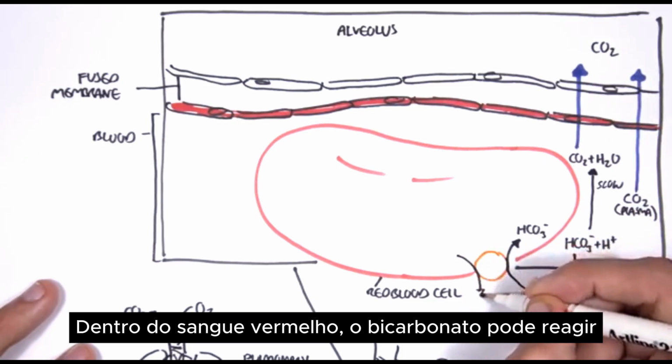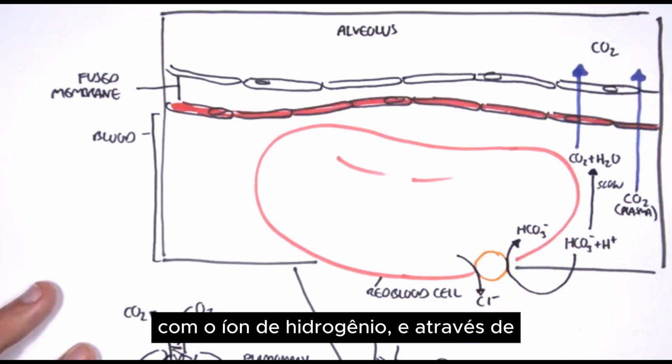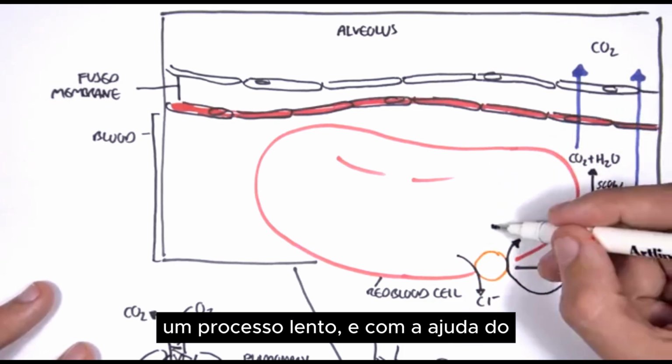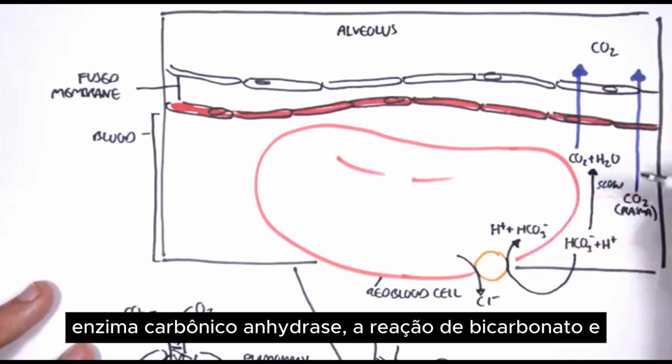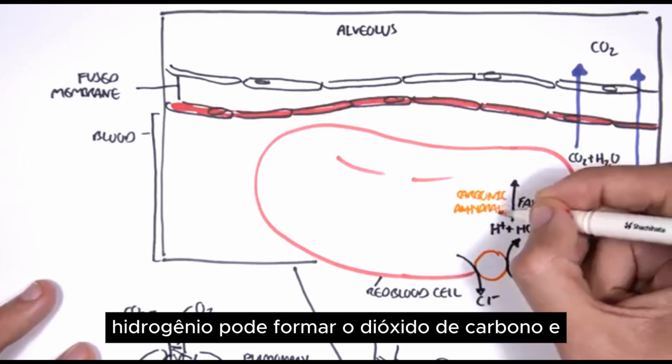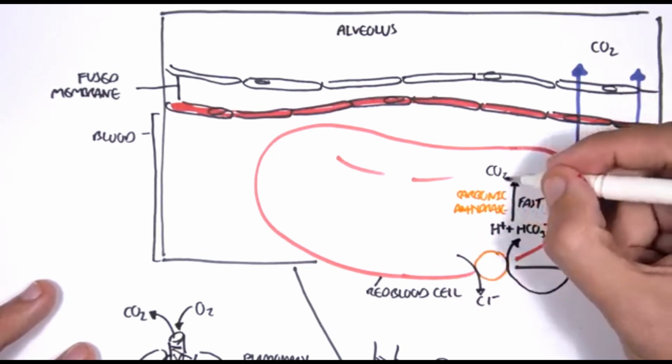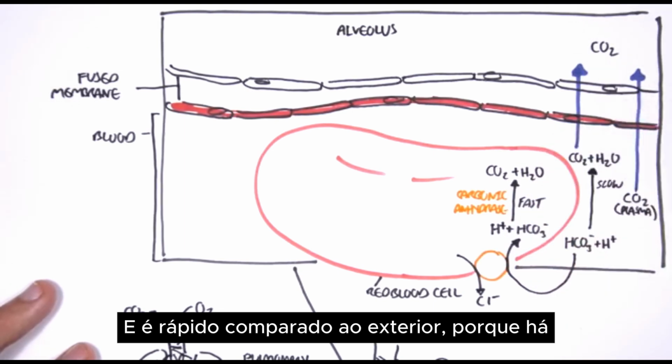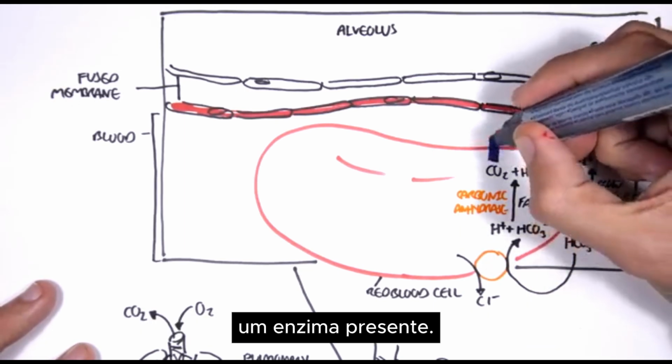Within the red blood cell, bicarbonate can react with hydrogen ion, and through a fast process and with the help of the enzyme carbonic anhydrase, the bicarbonate and hydrogen reaction can form carbon dioxide and water. And it's fast compared to the outside because there's an enzyme present.